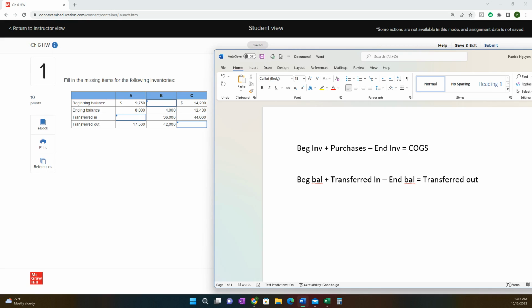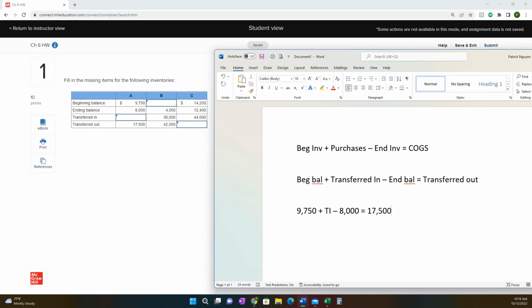So let's take a look at column A. It gives us the amount for beginning balance, ending balance, and transferred out. So if we plug that into our formula, it'll be 9,750 plus transferred in, which is our missing variable, minus our ending balance of 8,000 equals 17,500 transferred out.